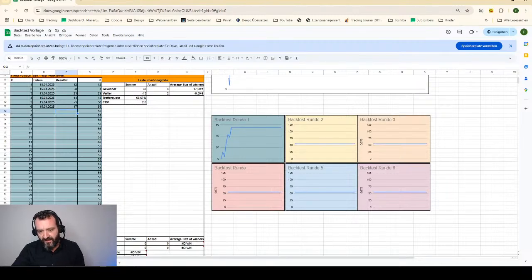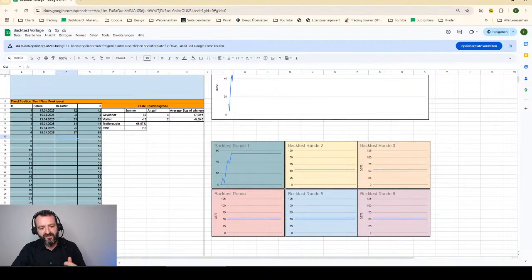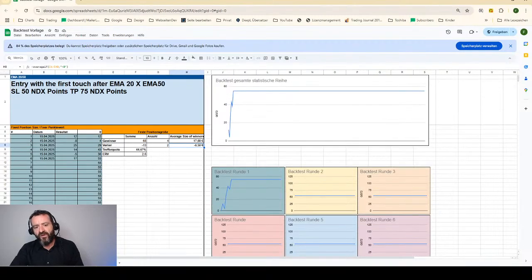So this is why you can have different kinds of rounds. You see immediately the graph is running, the statistic is going, your risk reward is calculated, hit rate is calculated, and you see the average winning size, average losing size, and so on. So pretty straightforward. It requires just your willingness to execute the backtesting, and that's actually very simply done.